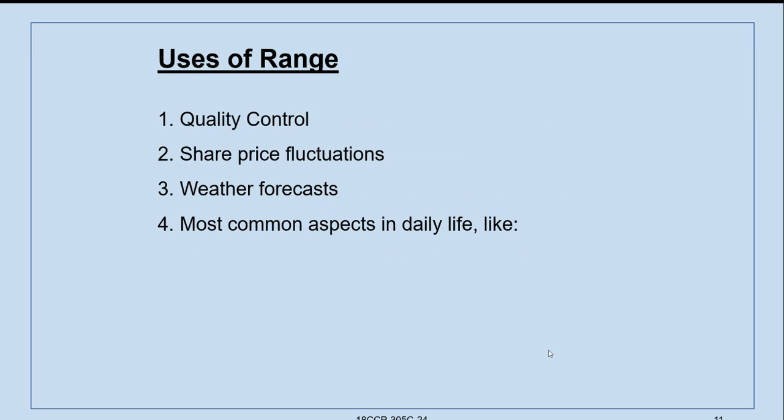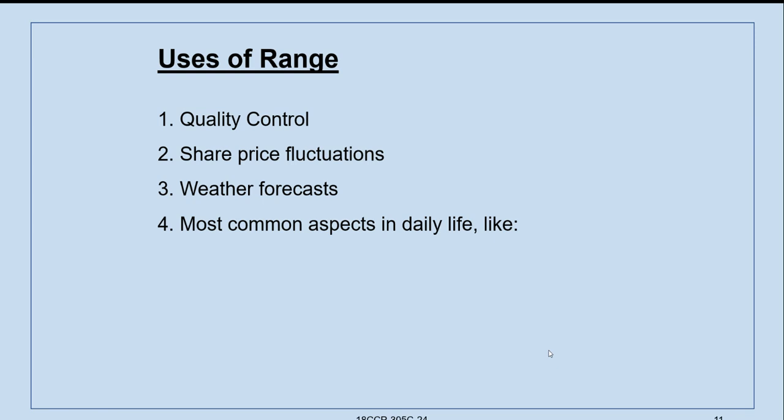Now we will see what the uses of range are. Uses of range: quality control. We can use it in quality control, that means how good or how bad the quality of the item produced is.